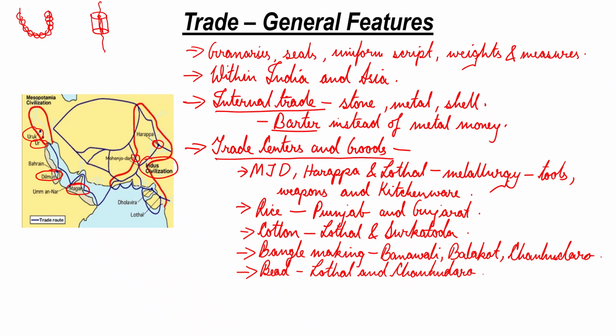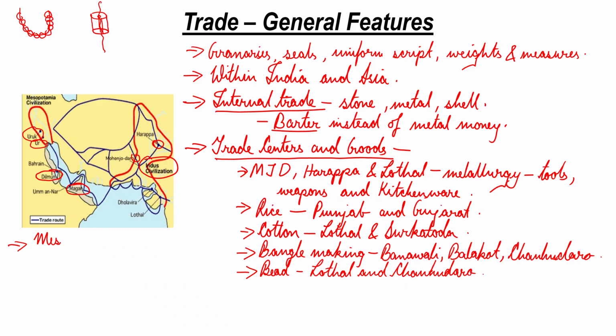The next important thing that we need to discuss is probably one of the most amazing features of trade, that is trade with Mesopotamia. So Mesopotamia and Western India had very good connections with the Harappans.